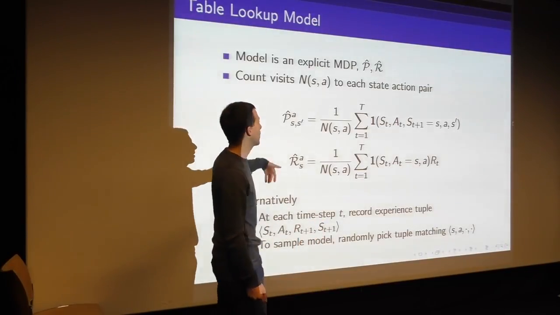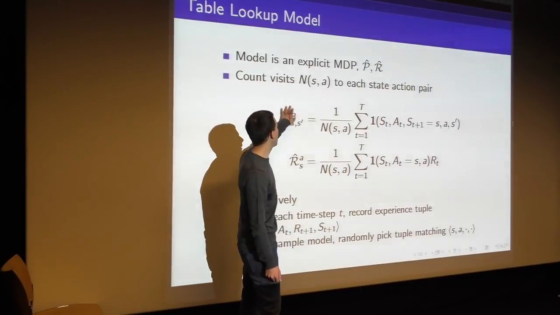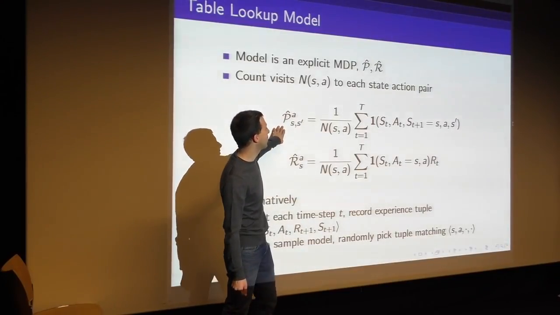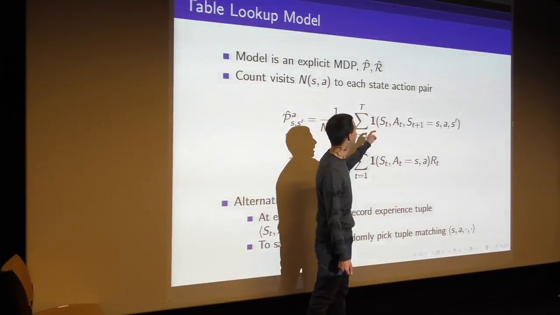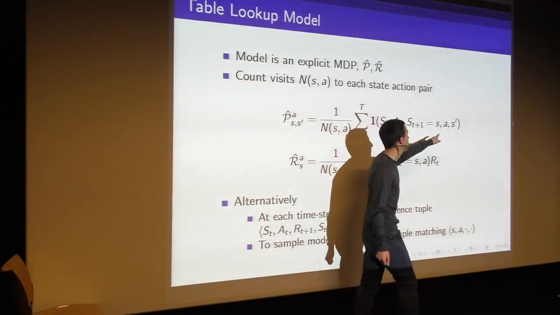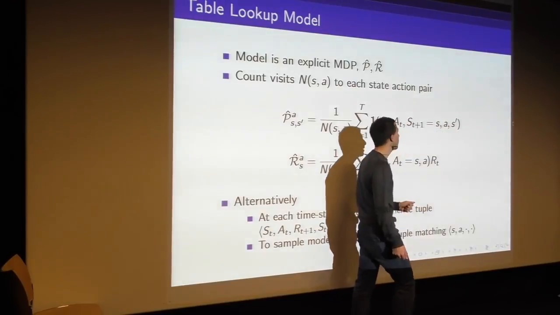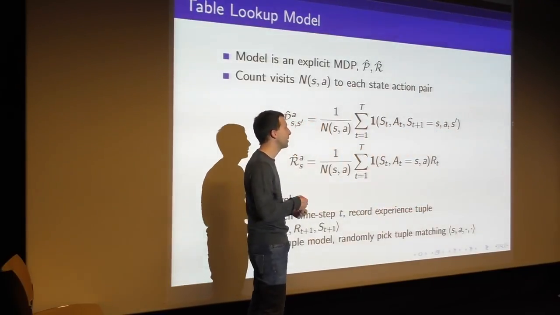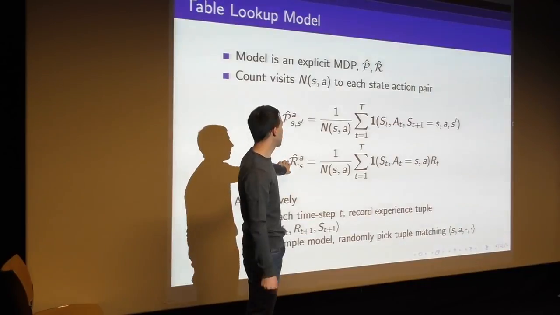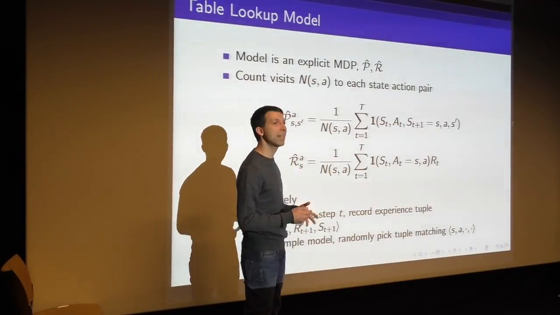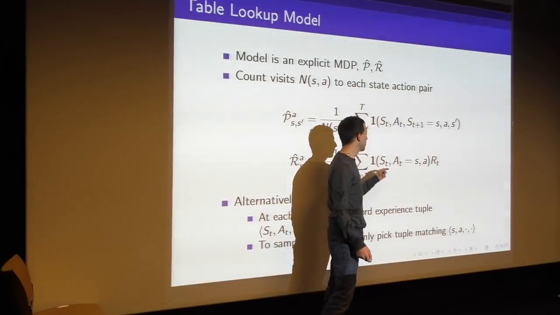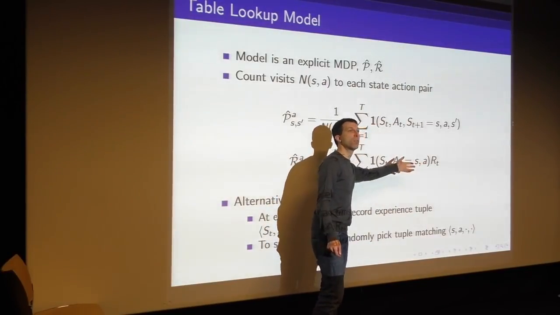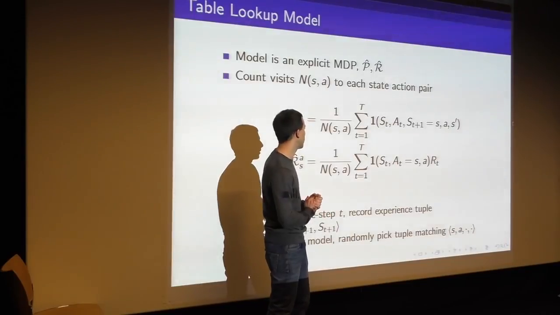This is just saying the same thing in maths: our transition dynamics are going to be the average of this indicator function, which tells us every time I ended up in this particular state S prime. We're just counting the times I ended up in that particular state. And the reward function is basically just taking an average. All the times I started in this particular state and action, let's take the mean reward of all of the rewards that I got from that point onwards.